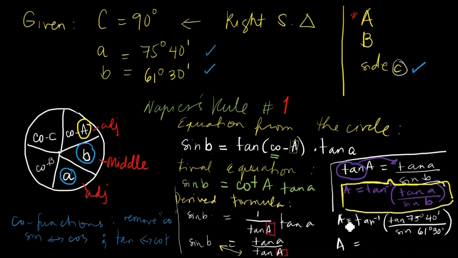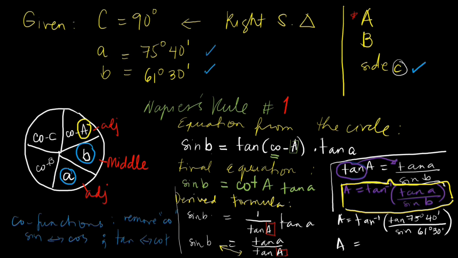So you input it in your calculator. Arc tangent of 75 degrees, 40 minutes, close parenthesis, divided by sine of 61 degrees, 30 minutes, close parenthesis.